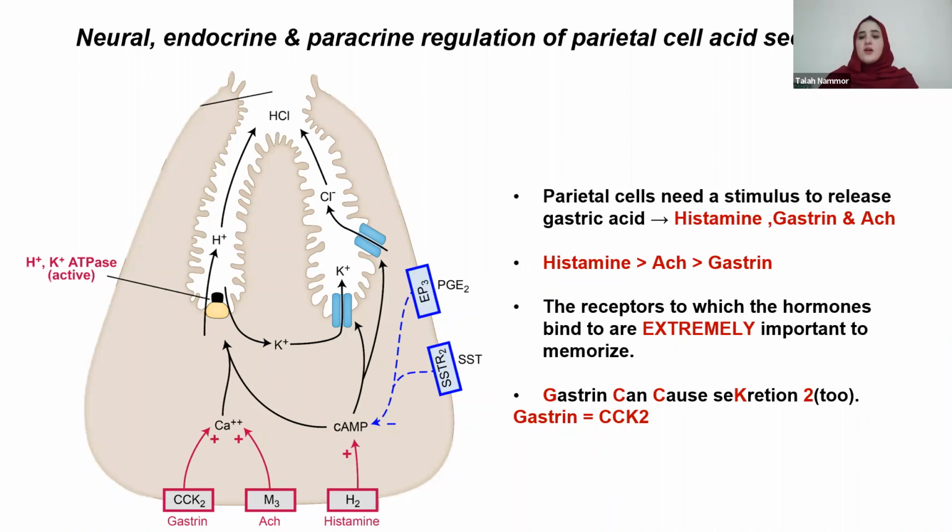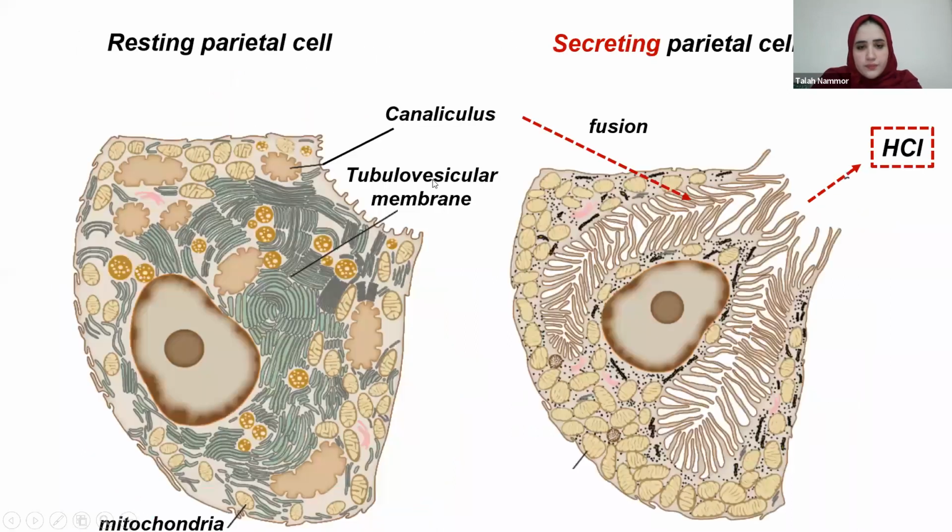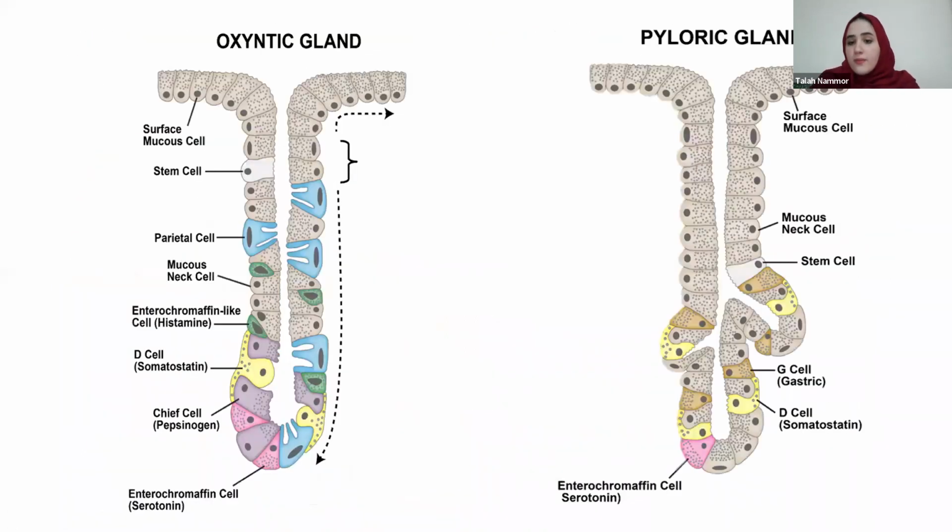Okay, someone asked, gastrin causes histamine secretion, so how can histamine stimulate HCl secretion without gastrin? Sure, what you're saying is correct. But what I meant is that if we go back here, if this is the G cell, it releases gastrin.